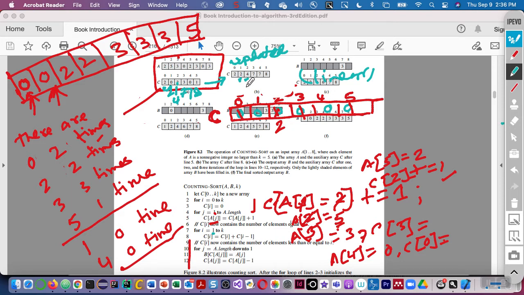So you do understand? So, updated C. What does this updated C mean?